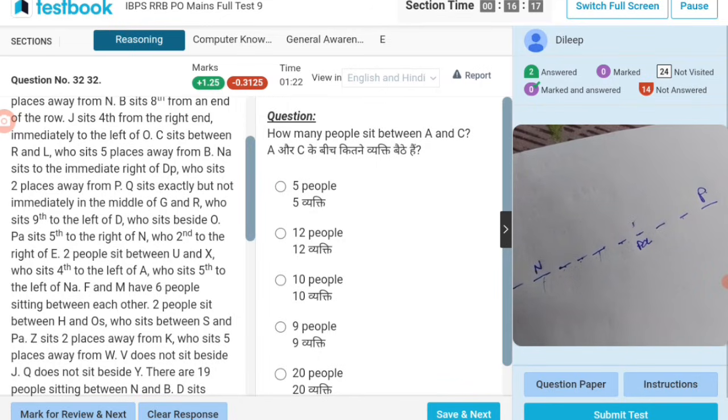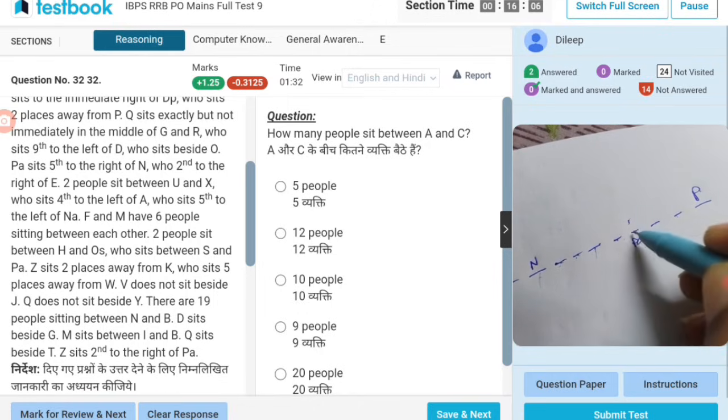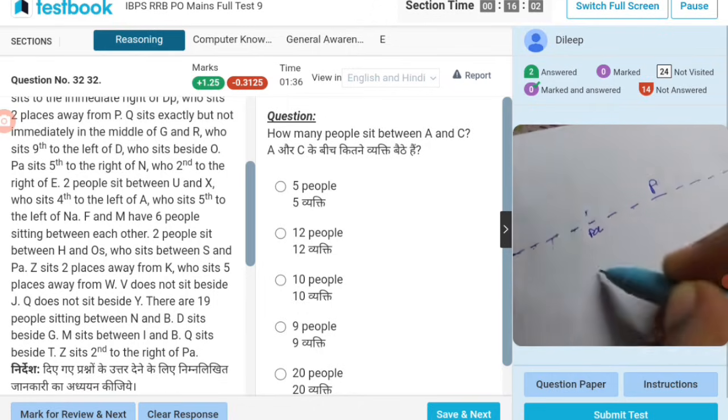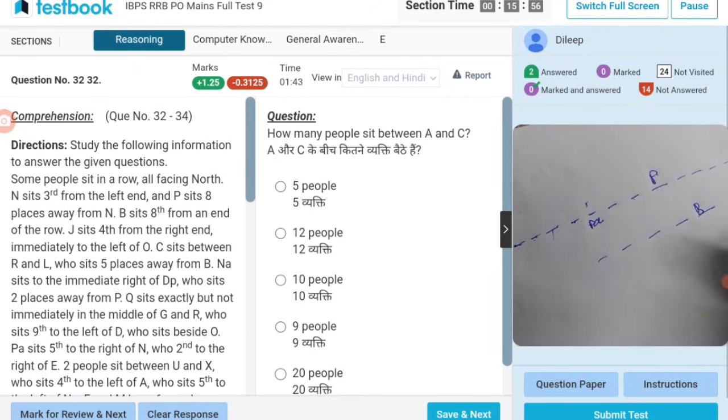Z is 2 places away from K. 19 people sit between N and B. 1, 2, 3, 4, 5, 6, 7, 8, 9, 10, 11, 12, 13, 14, 15, 19. So B is 8th. 2, 3, 4, 5, 6, 7, 8.